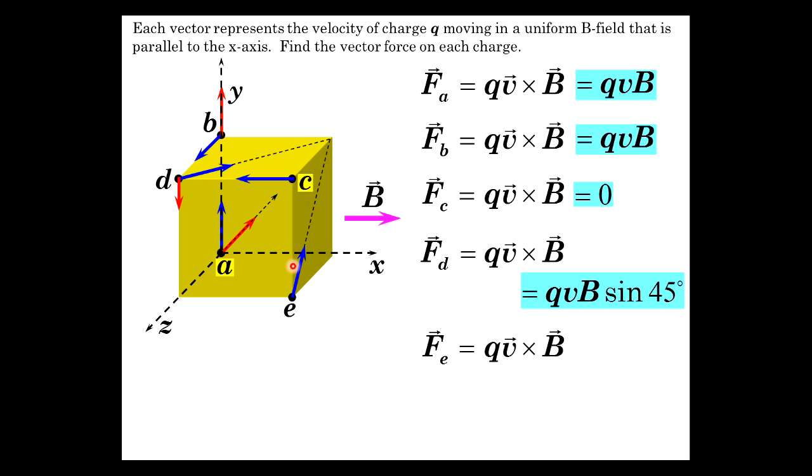If it was all in this direction, the force would be into the page, negative z. If it was all in this direction, then it would be down, or negative y. So it's a combination of those two. Something like this. A little bit spatially tricky, but hopefully that's sensible, and don't get tripped up by this.